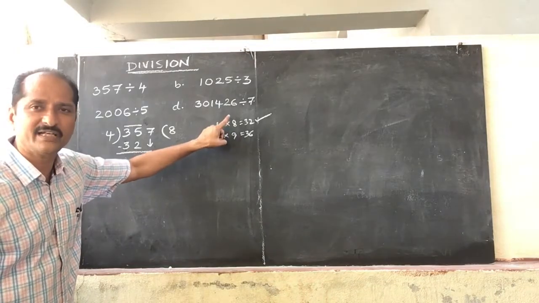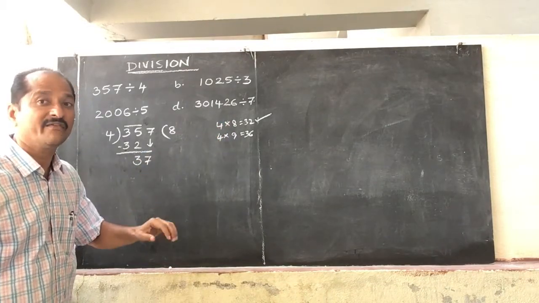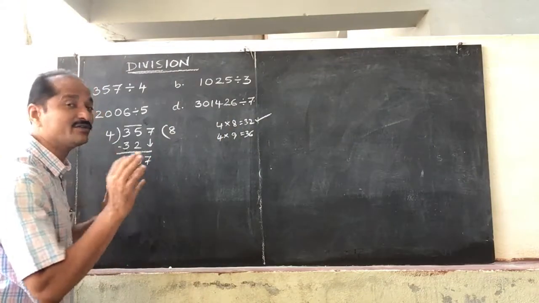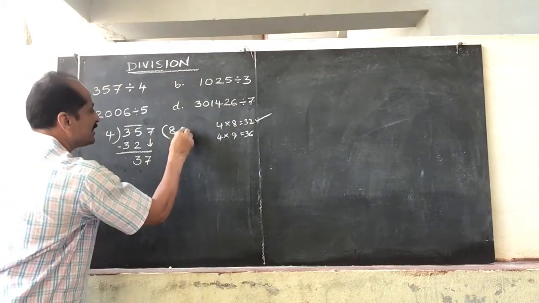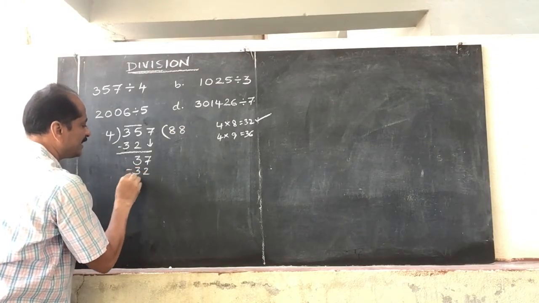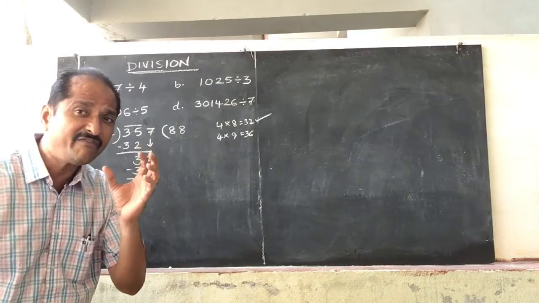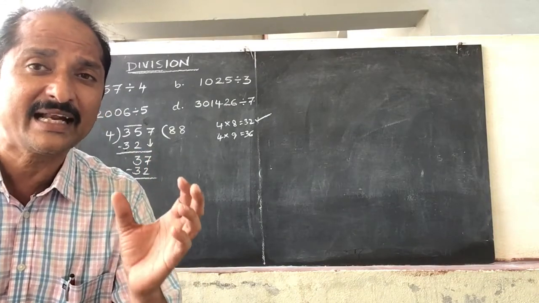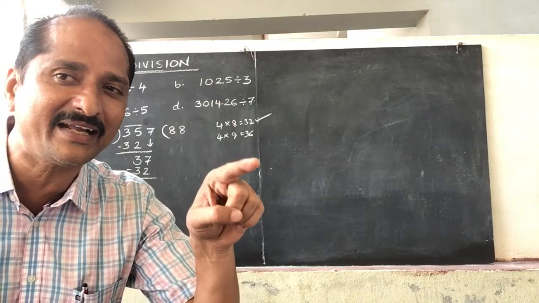So again here, which one do you have to take, 4 nines or 4 eights? Suppose here also you have taken 4 eights are 32, what happens? Observe carefully. In every subtraction, whatever remainder we get should be less than the divisor.